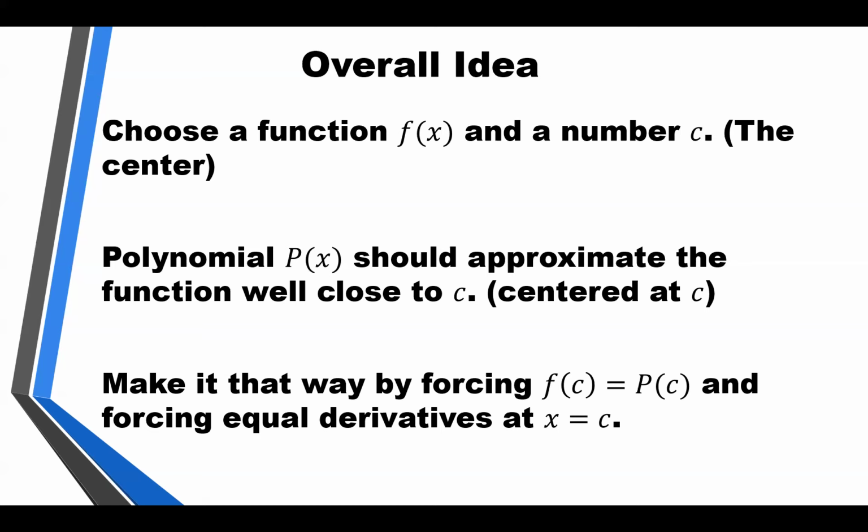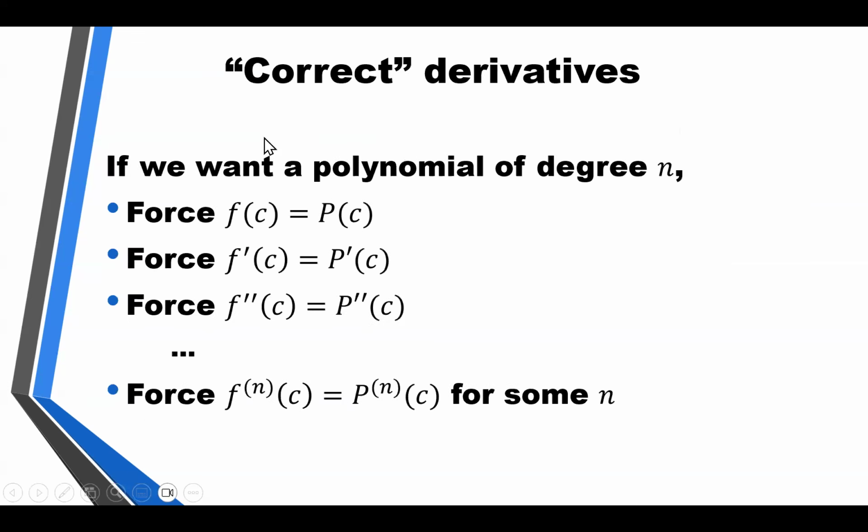In order to get them close around C, then we force derivatives to be equal at x equals C. So we're going to force the first derivative of the function to be the first derivative of the polynomial when we plug in C. So I start out by forcing the polynomial and the function to take on the same value when I plug in C. And then I force the first derivatives to be equal when I plug in C. And then I force the second derivatives to be equal when I plug in C. And I do that up till I hit some value of n.